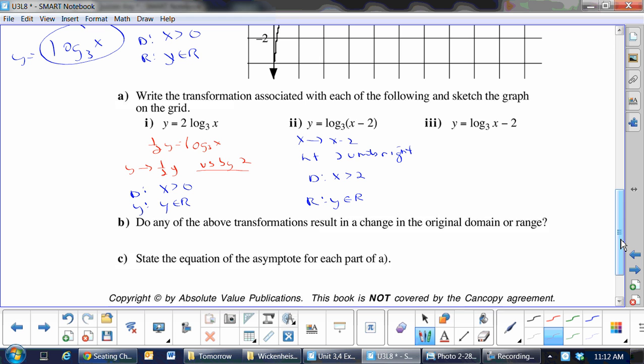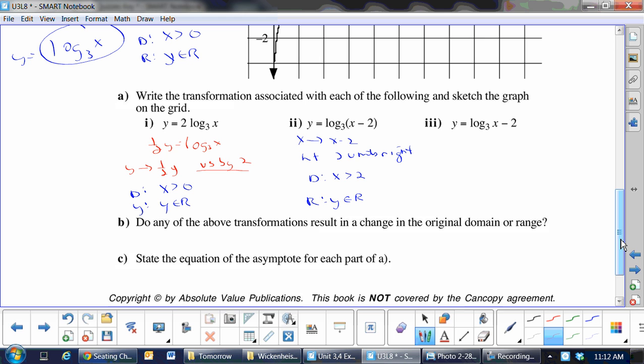Okay, number 3 looks very close to number 2, but it is going to be a different graph than number 2. Okay, the negative 2 belongs with y, and do you see how it's obvious it belongs with the y? Okay, it will always be obvious. It will not be in brackets.